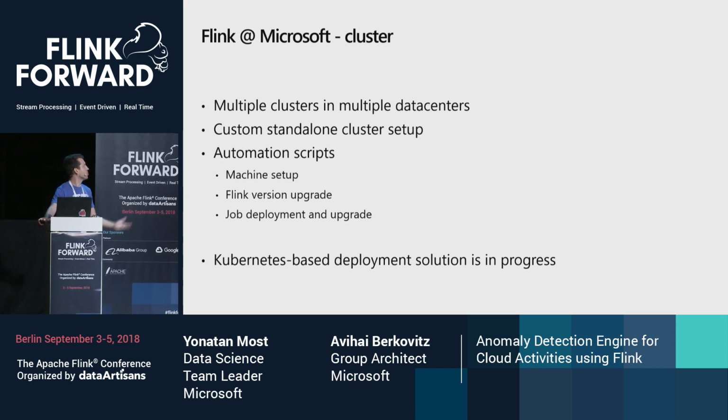We use them for machine setup, version upgrades for Flink, and version upgrades for the jobs, deployment and upgrades. We manage all these scripts with management tools like Rundeck and Jenkins. And we are working on a Kubernetes-based deployment to be used in the future.